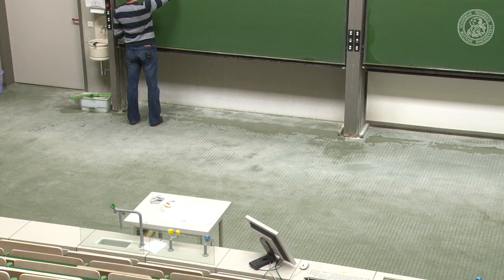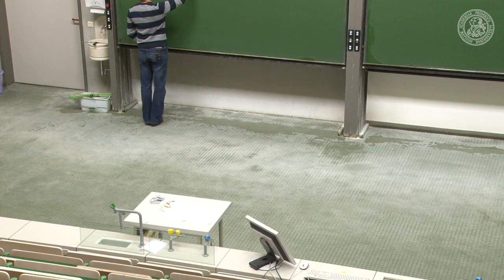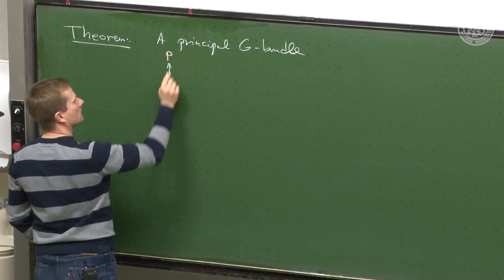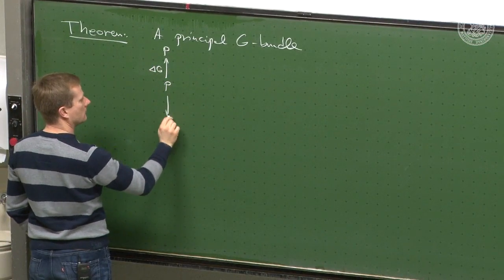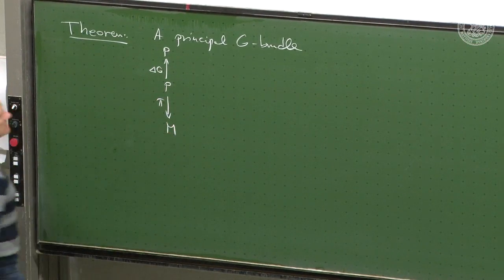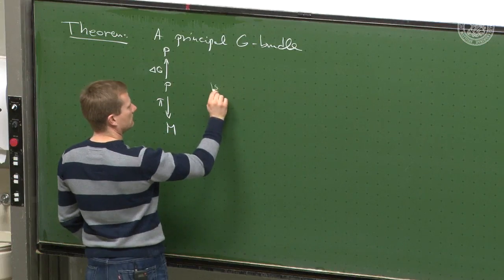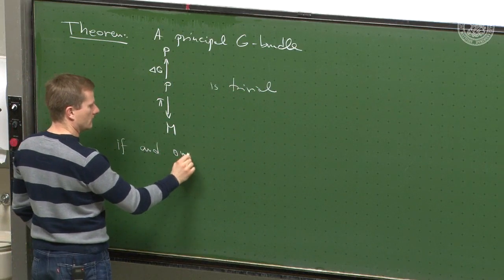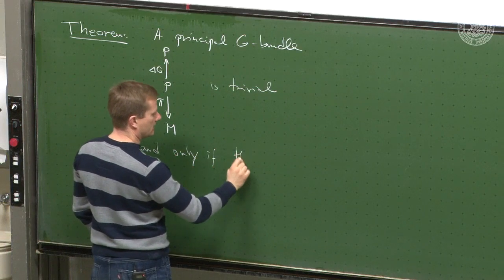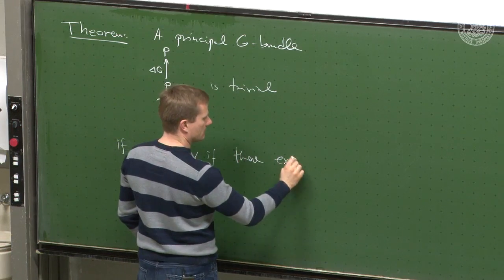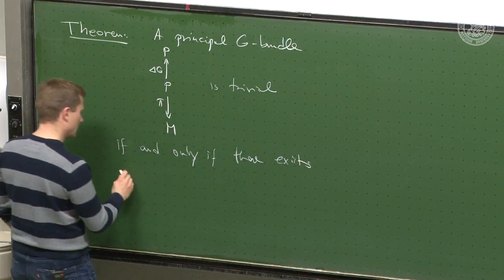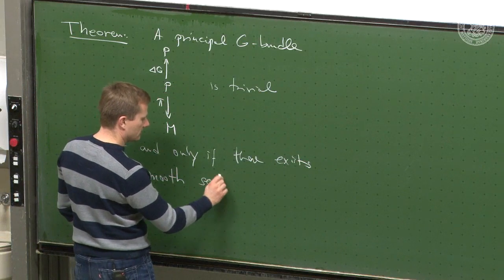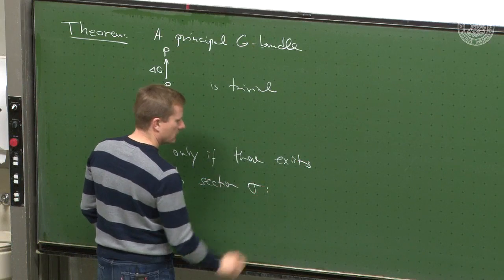A principal bundle, a principal G bundle, that looks like this, is trivial if and only if there exists a smooth section sigma of the bundle.